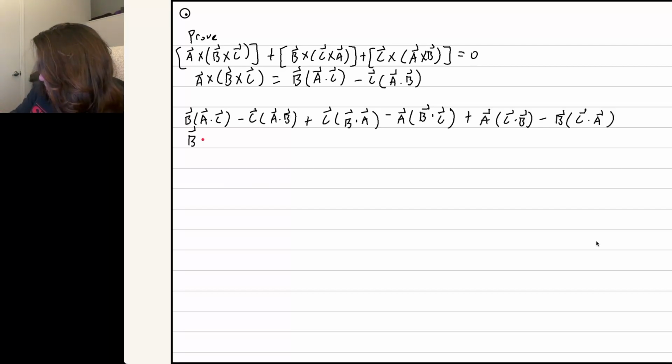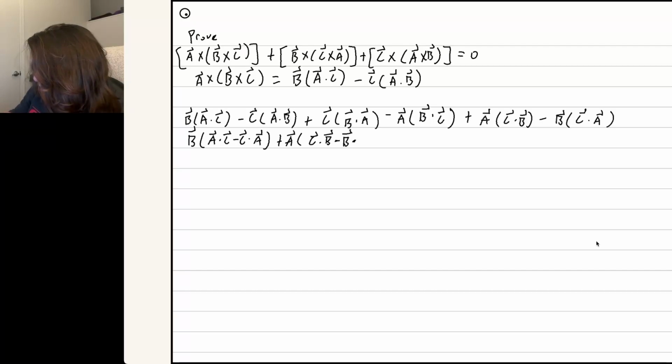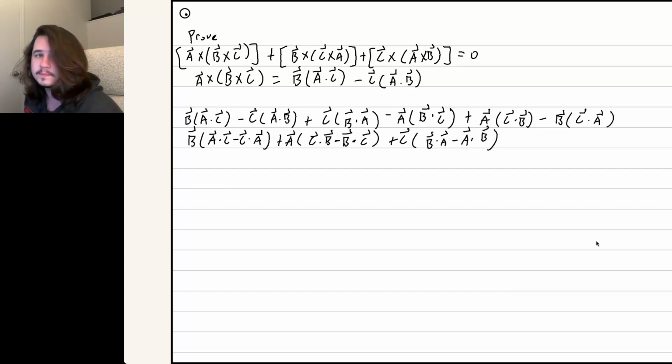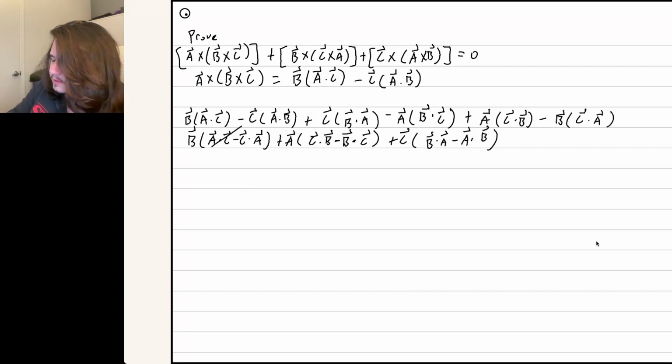So we're going to end up with B times A dot C minus C dot A, plus A times C dot B minus B dot C, and then C with B dot A minus A dot B. Now, these are all real vectors, so their dot products should commute, which means cancel out, cancel out, cancel out, cancel out. You end up with zero.